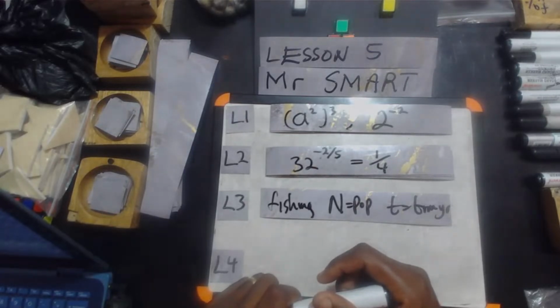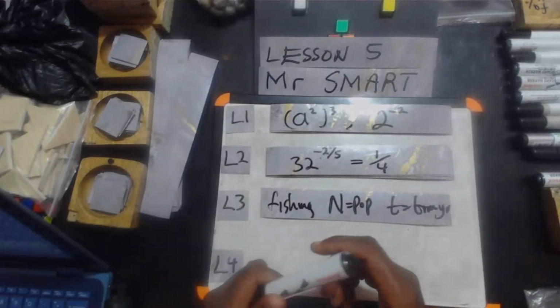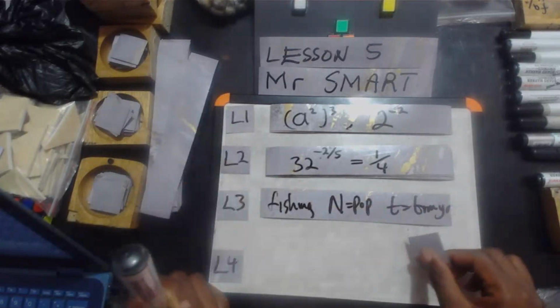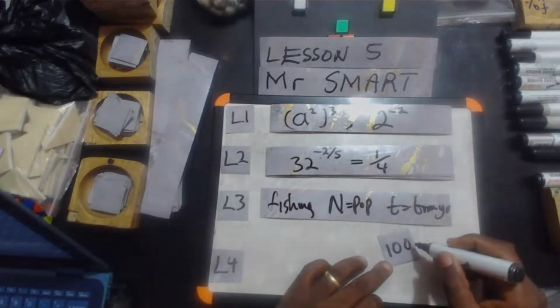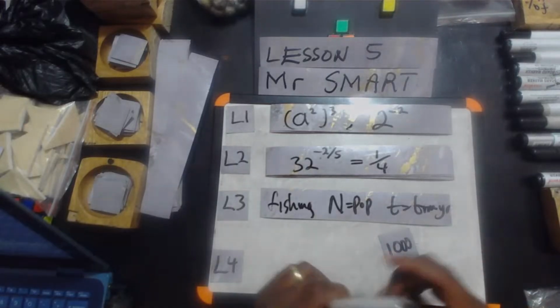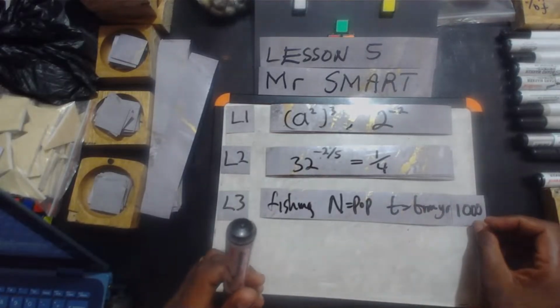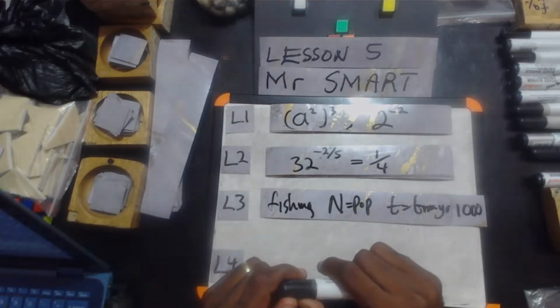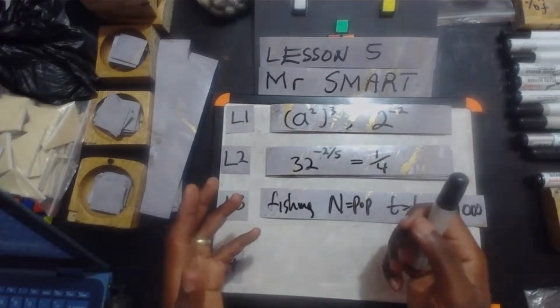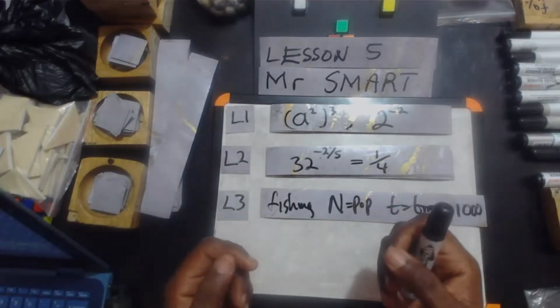If you start with 1,000 fish, what will the population be after 3 years? So I would like to know what your answer is. Now, why is this an exponential growth model? Think about that also.